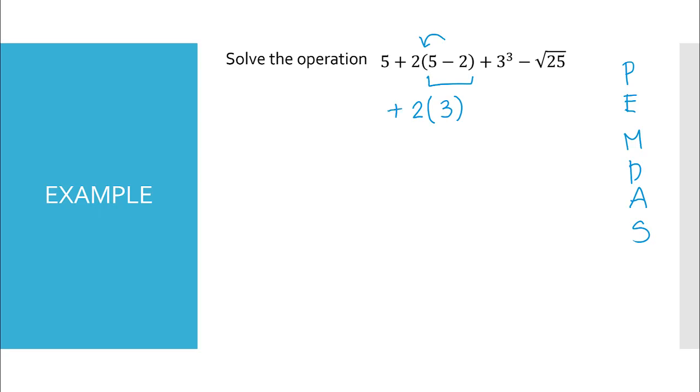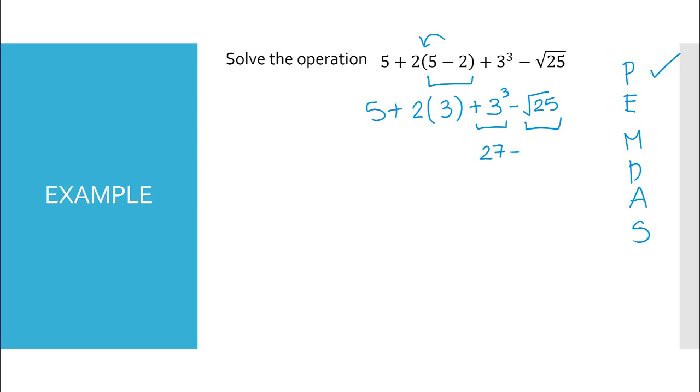Okay, and I see that now I have a multiplication and addition, but I have here an exponent and a radical. I just did parentheses, but now exponents and radicals is next. So now I need to solve the exponent 3 to the third power, and the radical square root of 25. 3 to the third power is 3 times 3 is 9, times 3 is 27.